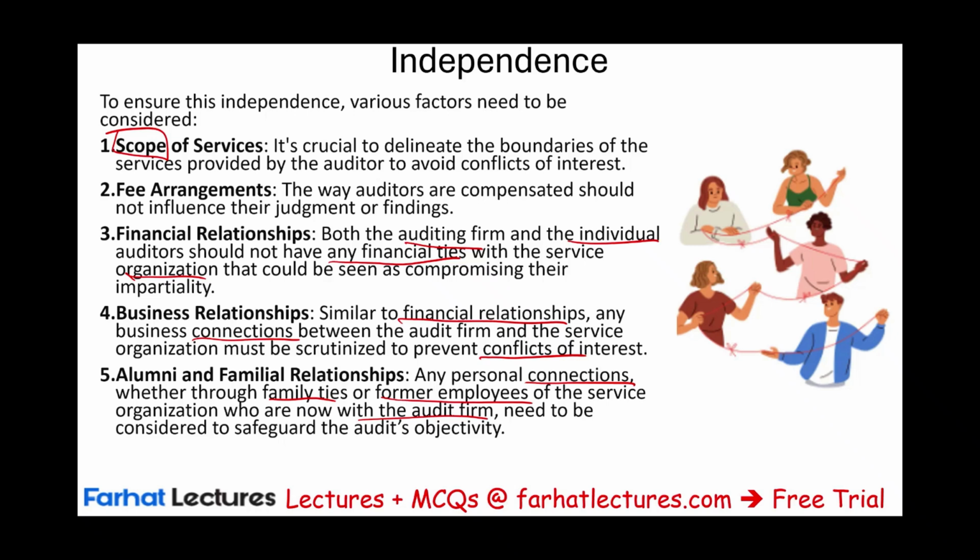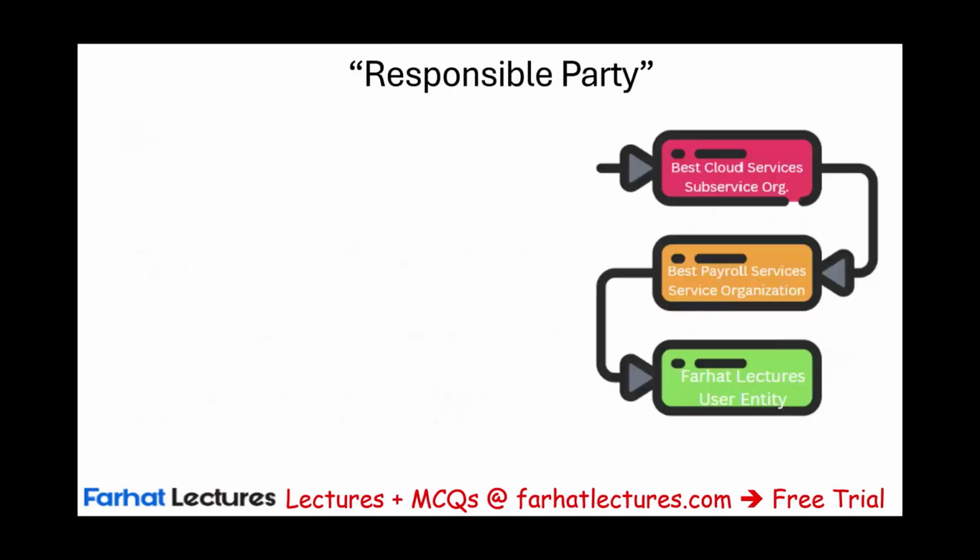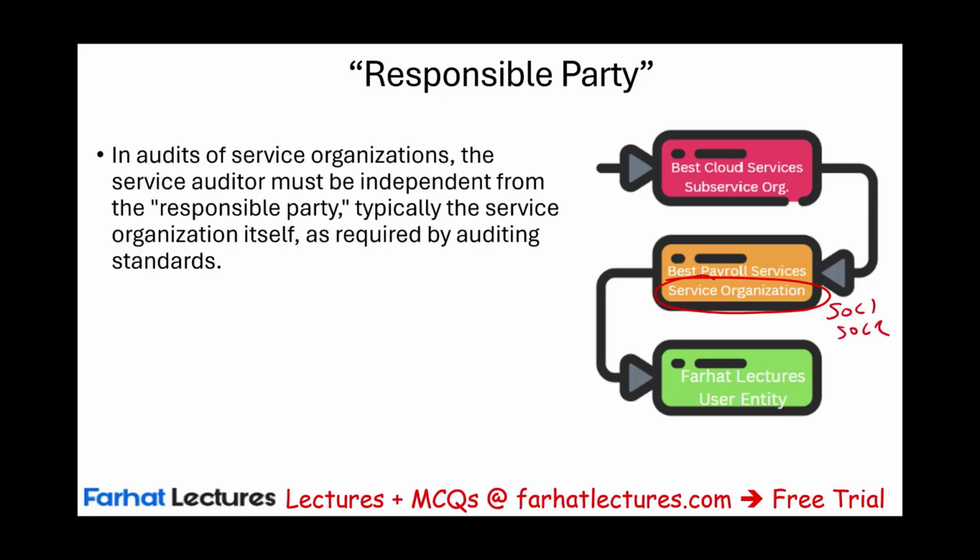Now, here we kept mentioning the service organization, but simply put, we have to be independent of the responsible party. Usually, who's the responsible party? The service organization, because the service organization hires their auditor to issue a SOC 1 or a SOC 2. So the responsible party is, in an audit of a service organization, the service auditor must be independent from the responsible party.